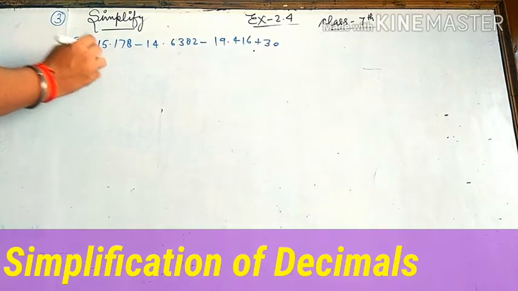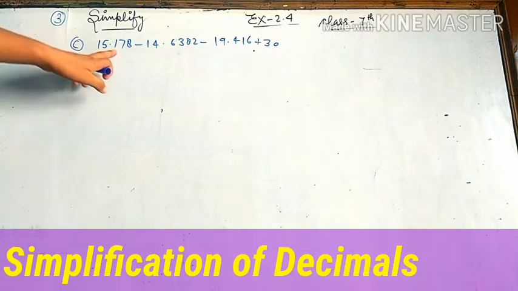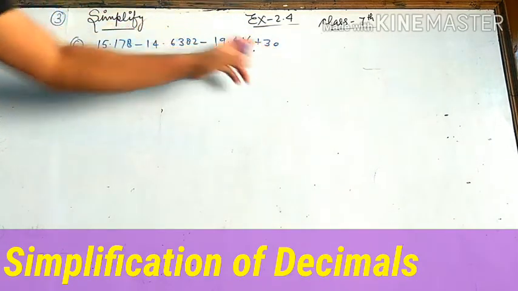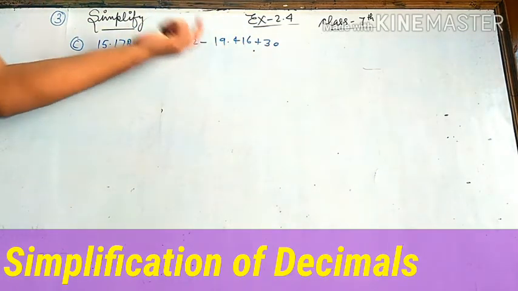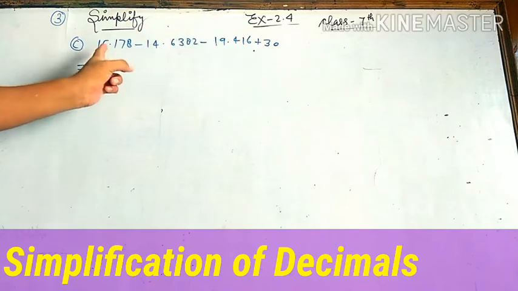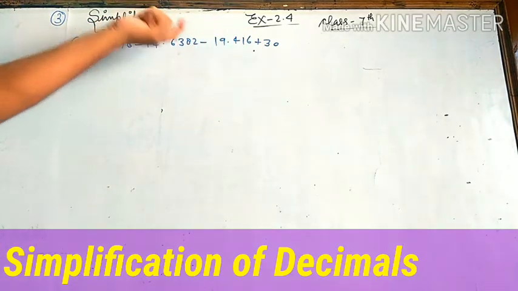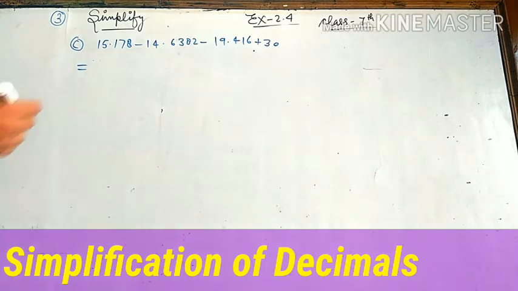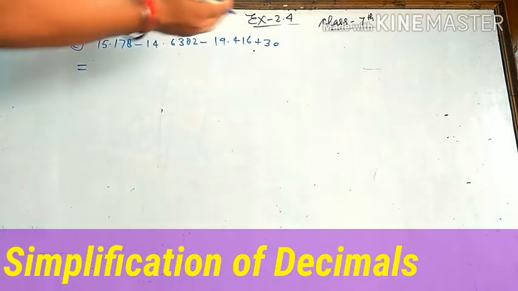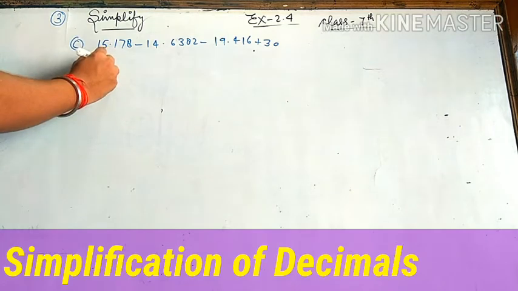So in the same process, the first number and the last number are positive and the second and third are negative. So we will add first and fourth and add second and third, then subtract. Group the 30 with the first number.